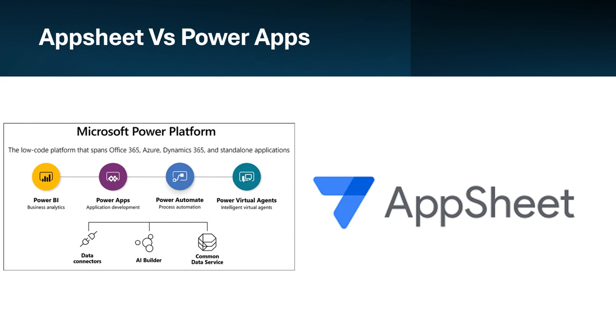So Microsoft Power Platform is a host of many products that are in that platform. For example, Power BI. We have a separate module that covers Power BI. Then Power Apps, we have Power Automate and Power Virtual Agent. So Power Apps is for application development, Power Automate is for process automation, Power Virtual Agents is for intelligent virtual agents, which are your chatbots and bots.